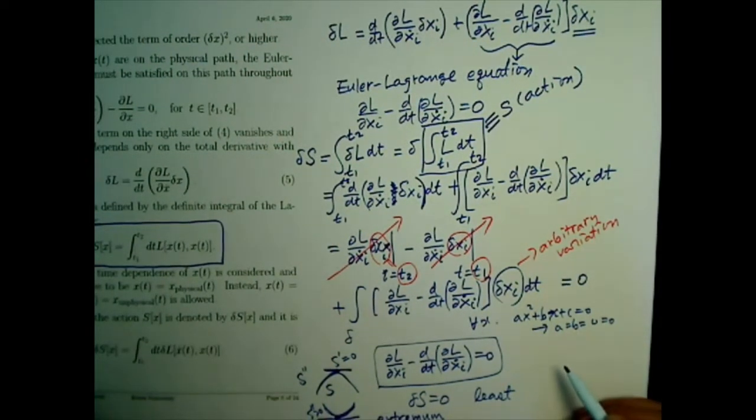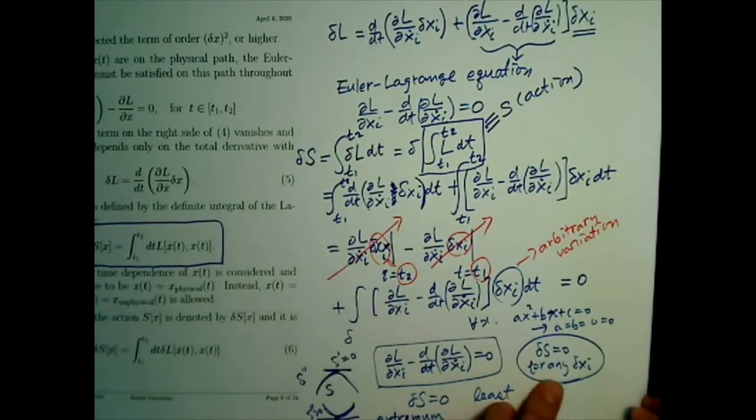So if we require delta S equals 0 for any variation delta xi, that means in this case S is an extremum.